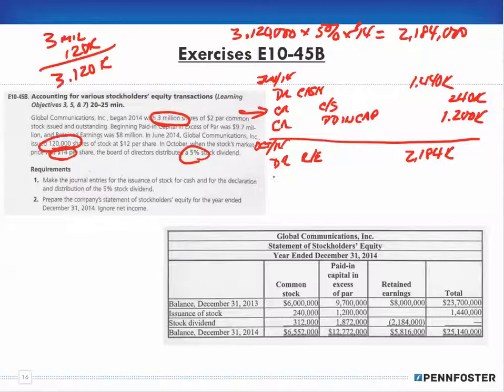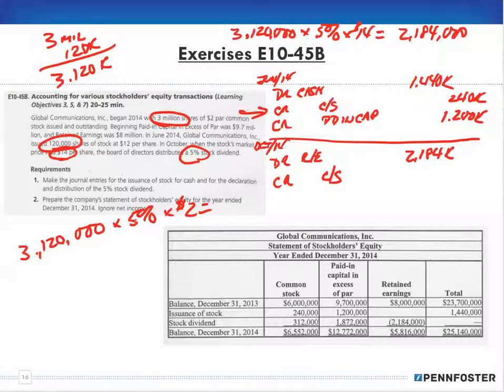right? And we are going to credit, since it's a stock dividend, we're going to credit common stock. And how much is that going to be? Well, we have 3,120,000 shares times 5% because that's the dividend, and the par value is $2.